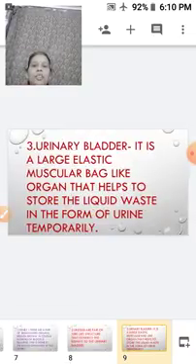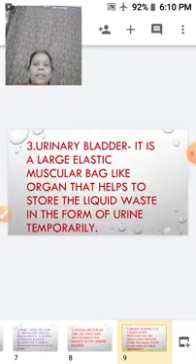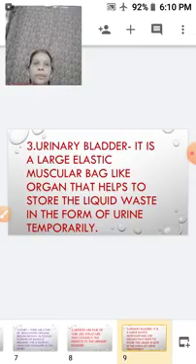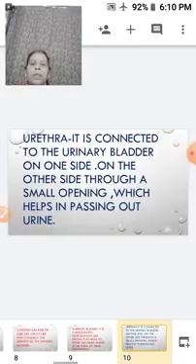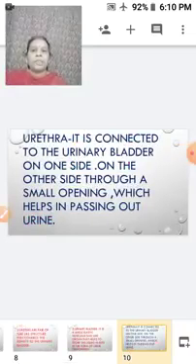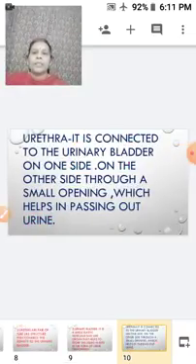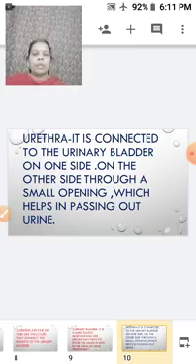It is a large elastic muscular bag-like organ that helps to store the liquid waste in the form of urine, but only for some time. After the urinary bladder, it's the urethra, which is the fourth part. It is connected to the urinary bladder on one side, and the other side has a small opening which helps in passing the urine out.